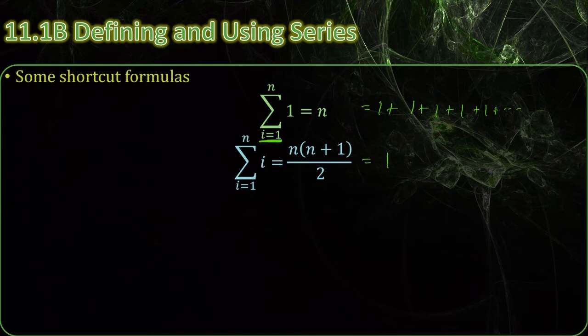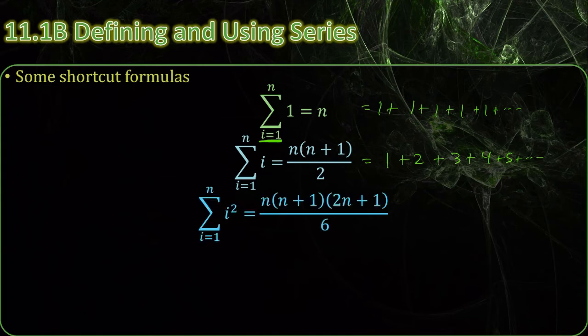This one is I, so this is 1 plus 2 plus 3 plus 4 plus 5 plus. And this one would be 1 squared plus 2 squared plus 3 squared plus 4 squared, and so on. But they only work when you start at 1, and they have either 1, I, or I squared.